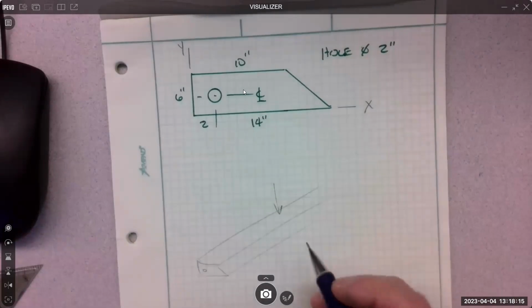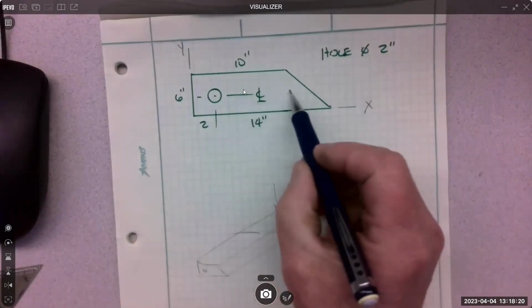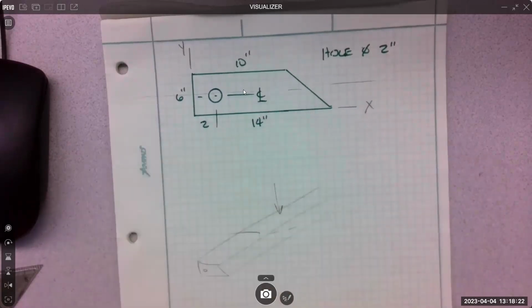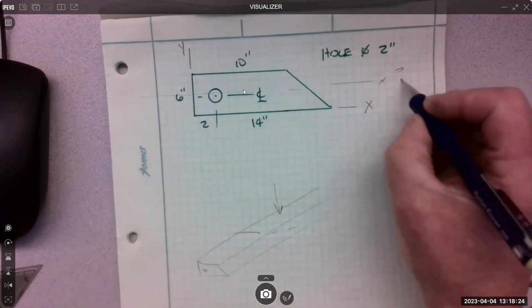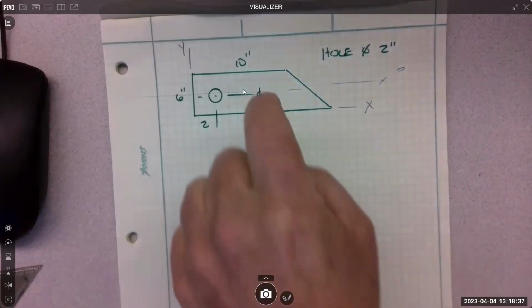So that load is coming against what we call the x-axis, this x-axis, but we just don't know where it is. And that's what this centroid thing's all about. Where is the geometric center of this shape, this cross-sectional area? It's like you slice the beam, that's what it looks like.